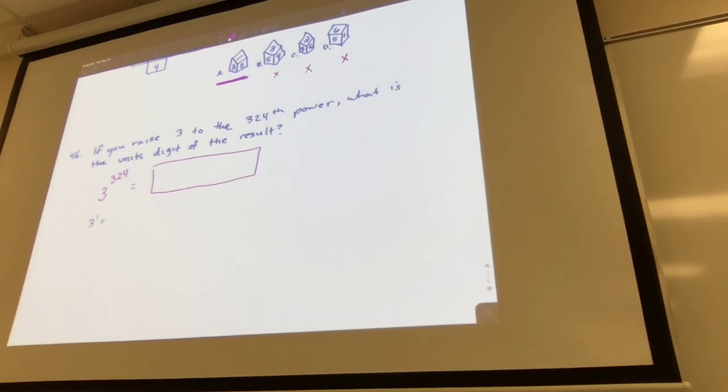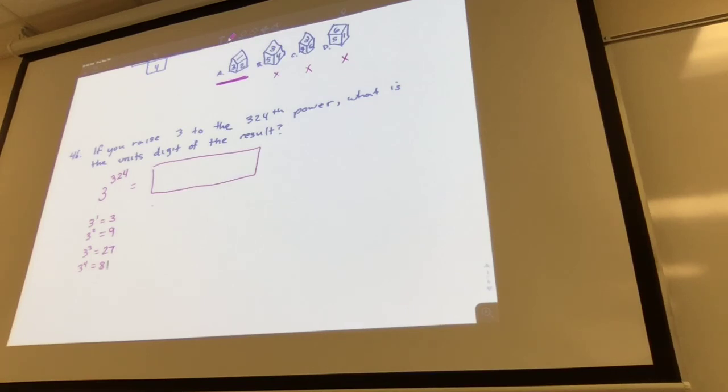3 to the 1. 3 to the 2, that's 3 squared, which means 3 times 3. 3 to the third, 27. 3 to the fourth is 81.